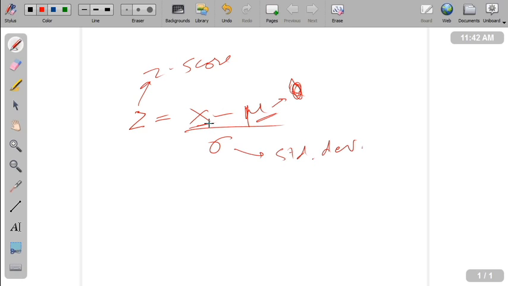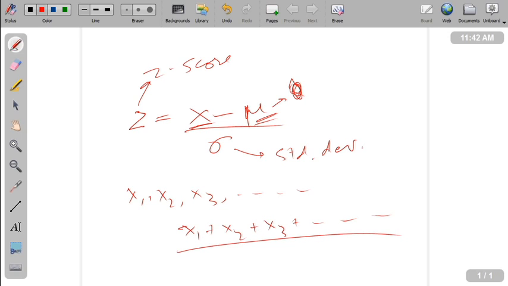So my time series is Xi, so X1, X2, X3, and so on, right? And over here I have mu, which is X1 plus X2 plus X3 and so on, divided by n, right? So this is my mu, that is the average, and sigma is basically the standard deviation for this same time series only.